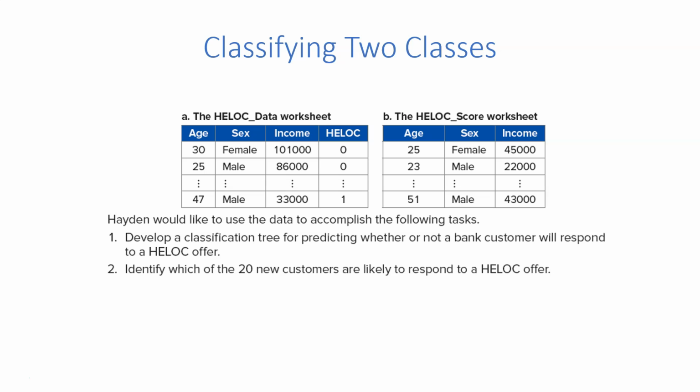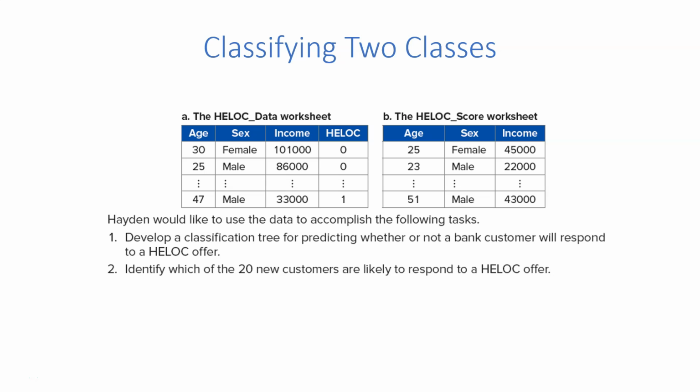Now that we understand how discriminant analysis works, let's look at two examples and solve them using data mining software packages. The first example is an expanded version of the Sunnyvale Bank customer case we have been using throughout this lecture.